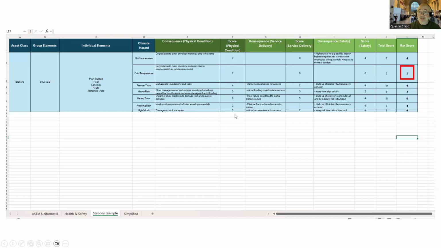And I've come up with these values because I think they were realistic in terms of what you might score in a real world case, and then do the same for service delivery, noting that if there is a 0 score, it's because there was no real interaction there in terms of service delivery. Yes, for physical condition, yes, for safety, but not for service delivery. So again, you can look at this if you wish and see how that plays out in terms of scores.